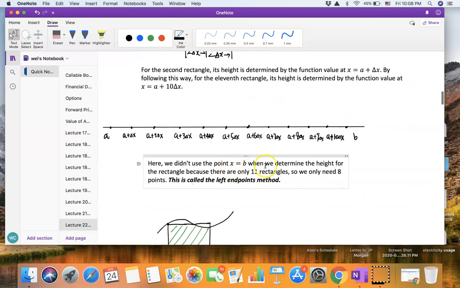We only need 11 points. So that's why we don't use the last point.